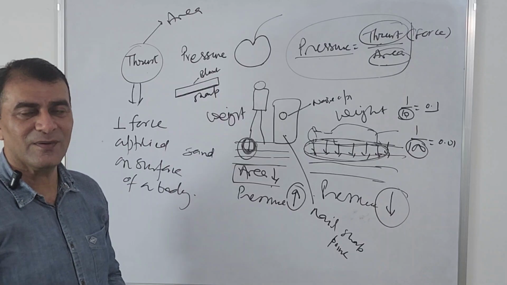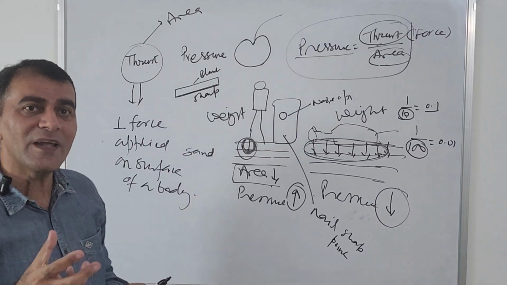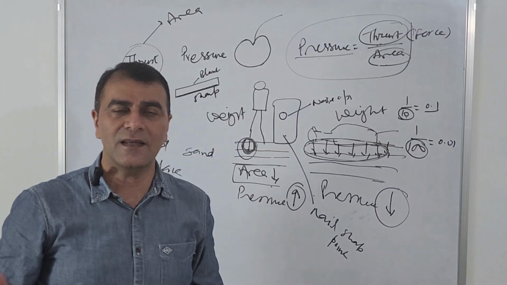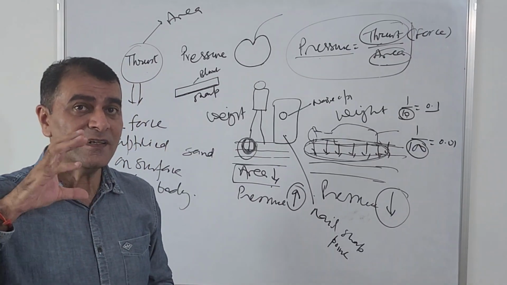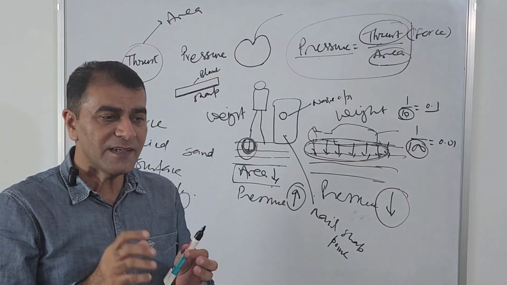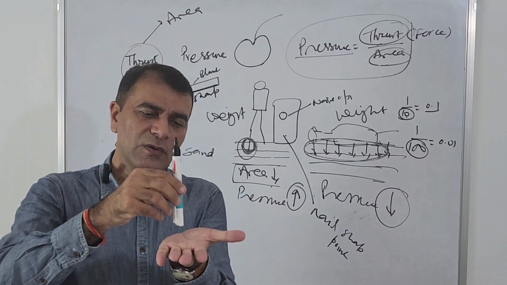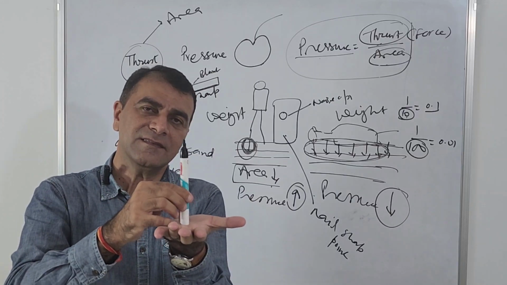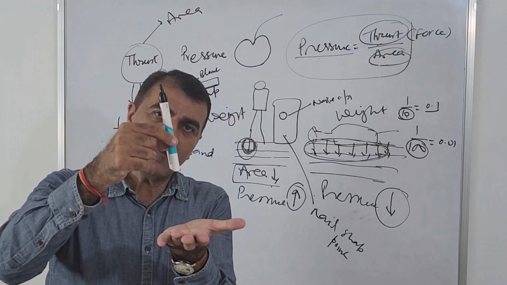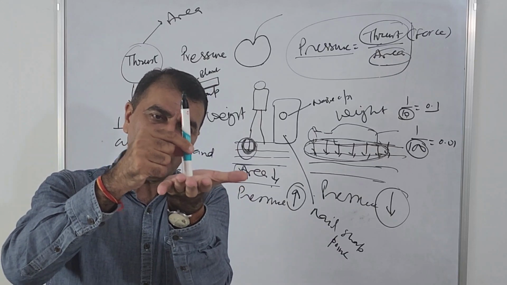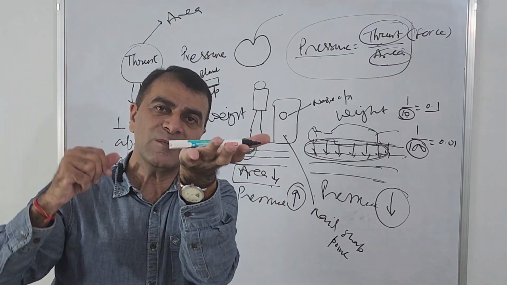Very easy. So we will take one more example, which is a kind of numerical problem given in your NCERT 9th class book, by which you will understand what actually happens when we increase the area of the same thing. Like if I put this marker on the earth like this, what will be the pressure exerted by this marker on the earth, and what will be the area of this marker when it is put lying down?